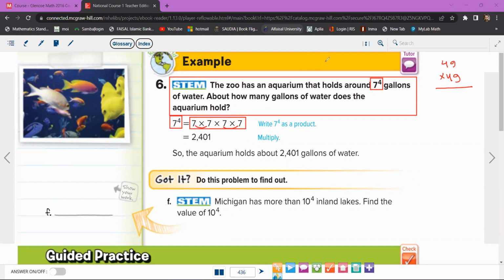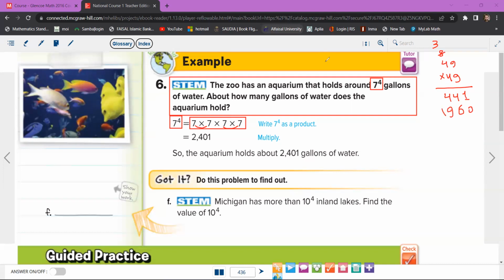So let's see 49 by 49. 9 times 9 is 81. Carry up the 8. 9 times 4, 36. 36 plus 8 is 44. Put 0. Now 4 times 9, 36 again. Put down the 6, carry up the 3. 4 times 4, 16 plus 3, 19.